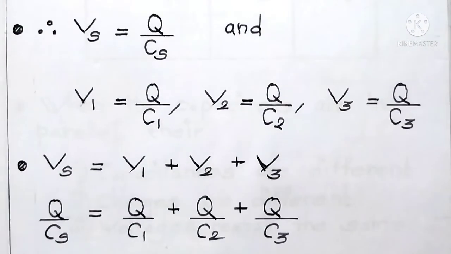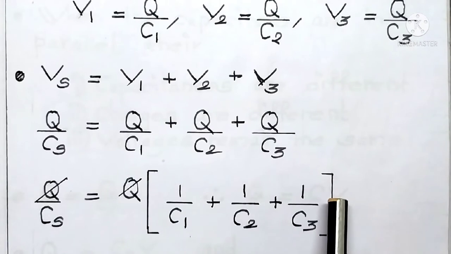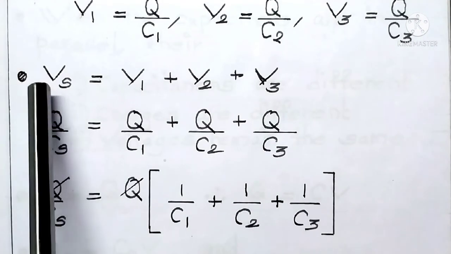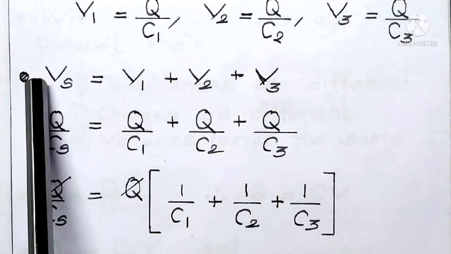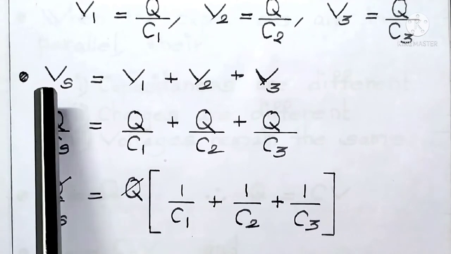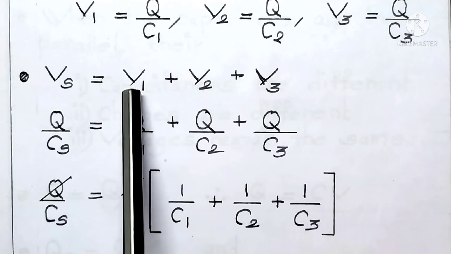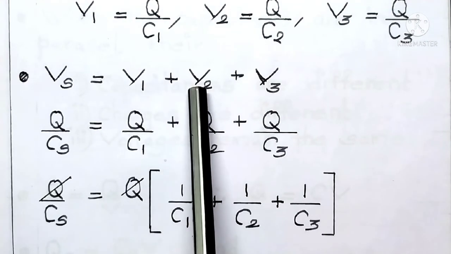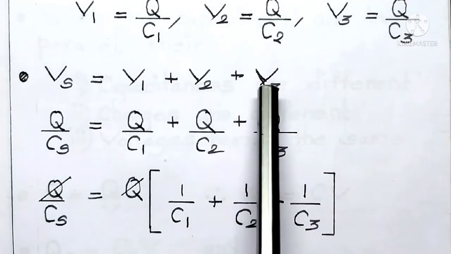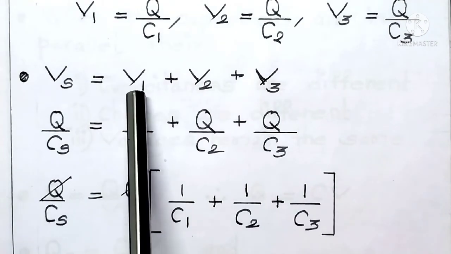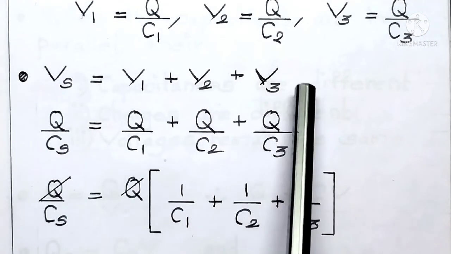In the next step, I am going to write an expression for the total voltage in this series connection, that is Vs is equal to the sum of the voltages in each individual capacitor. So Vs is equal to V1 plus V2 plus V3.